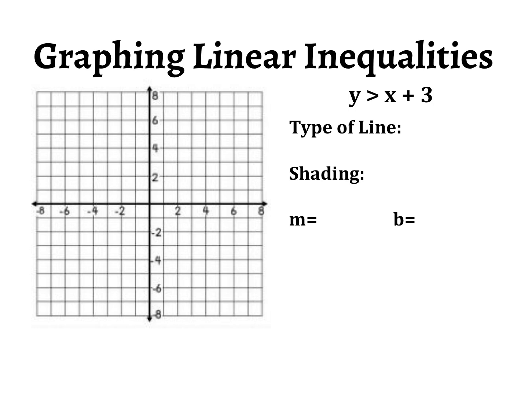So here we have the equation, or the inequality, y is greater than x plus 3. I first want to look at what kind of line am I going to be dealing with? Dotted or solid? Well, there's no equal symbol, so I know that I'm going to be dealing with a dotted line. Now the shading. This symbol represents greater than.